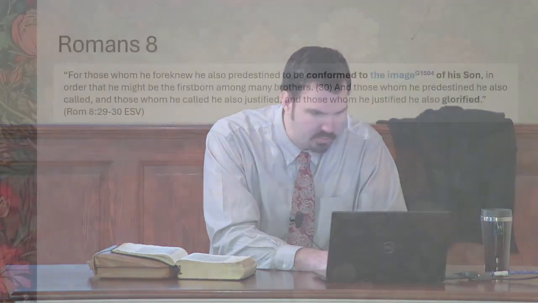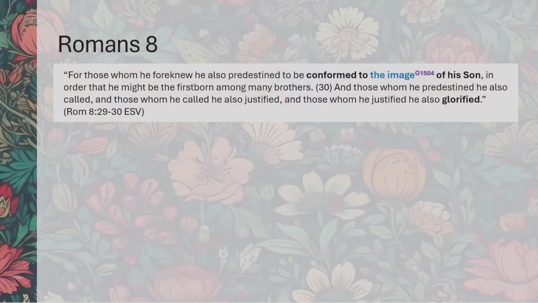Romans chapter 8. For those whom he foreknew, he also predestined to be conformed to the image of his Son, in order that he might be the firstborn among many brothers. Those whom he predestined, he also called, and those whom he called, he also justified. Those whom he justified, he also glorified.